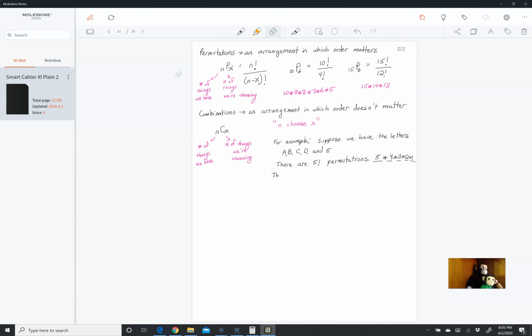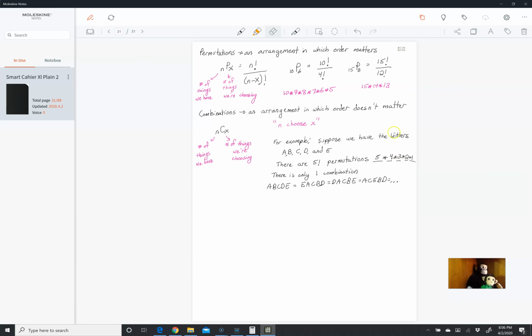There is only one combination. So A, B, C, D, E is the same thing as E, A, C, B, D, which is the same thing as D, A, C, B, E, which is the same thing as A, C, E, B, D, and so forth.